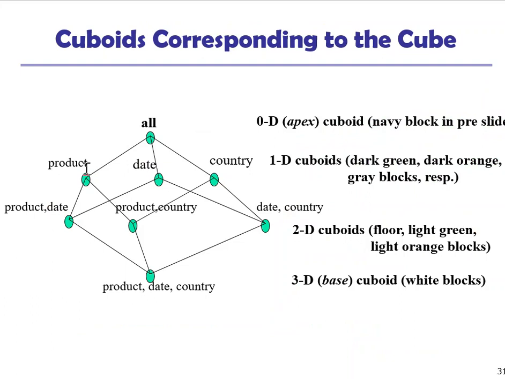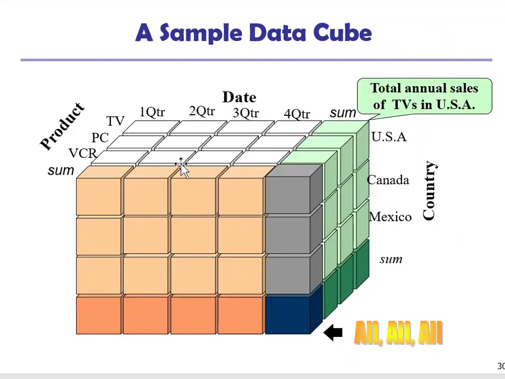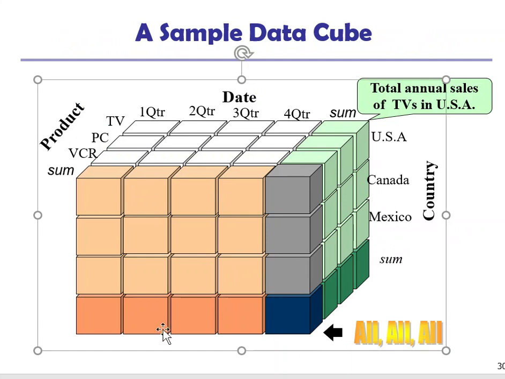Similarly, we can look at the product, date, and country alone, and those are the three. Okay, so this is what? Country dimension. No matter what, this represents total sales in US.